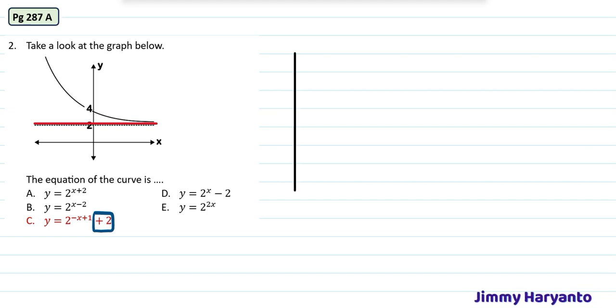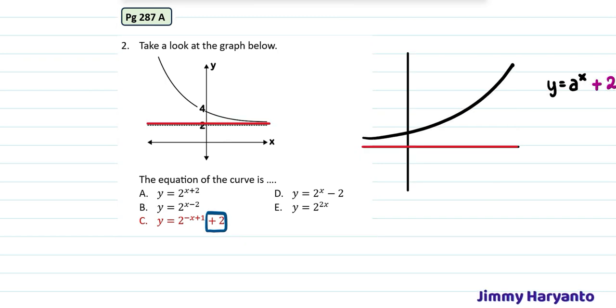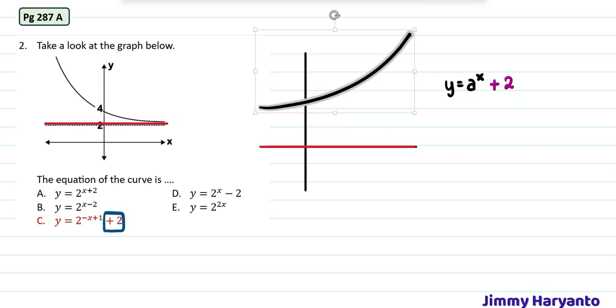So usually when you have an exponential graph, the asymptote is at y equals 0 like this. This is the asymptote. But when you add something to the function, let's say you have this at first, and then you add plus 2, that means the curve will be translated 2 units upwards. That means it will go up 2 units.